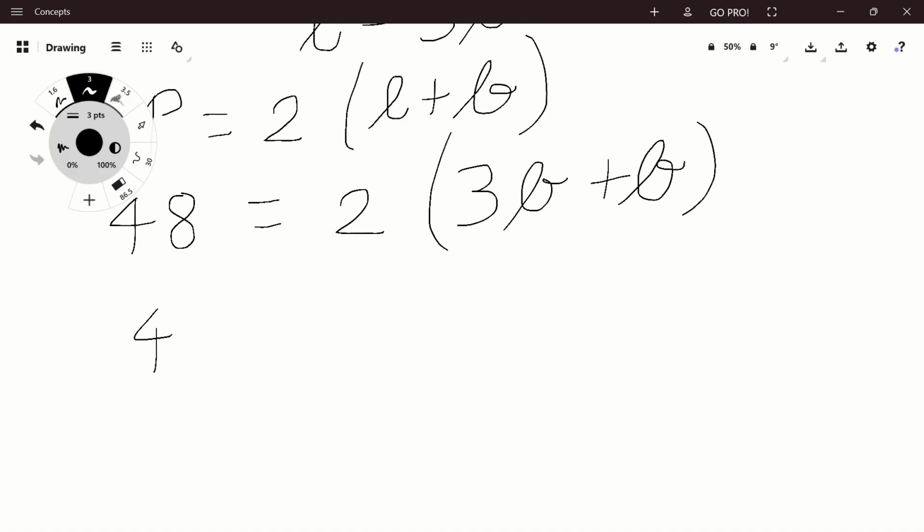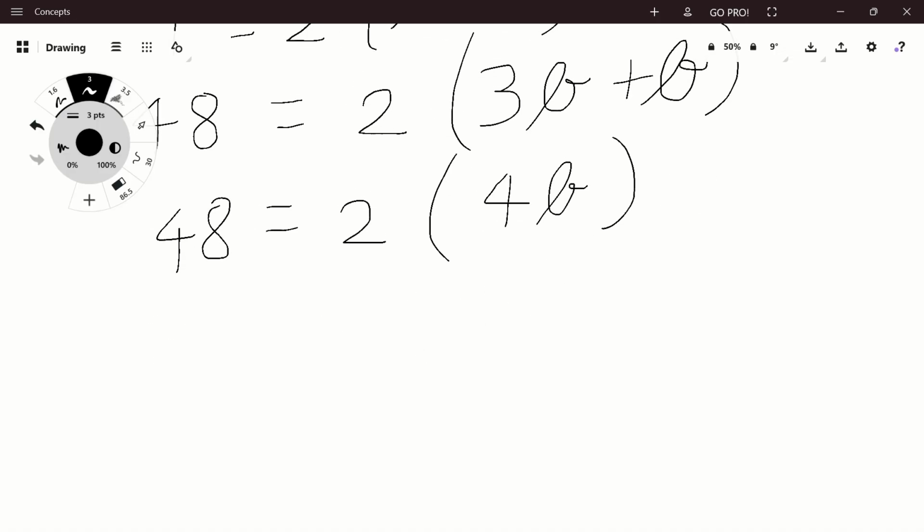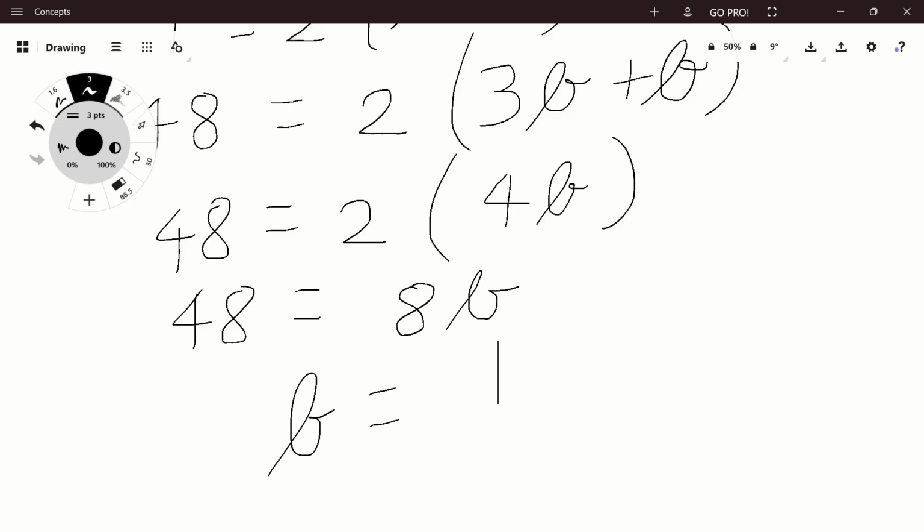which is equal to 48 equal to 2 into 4B, which will be 48 is equal to 8B, and B will be equal to 48 by 8, which is equal to 6.